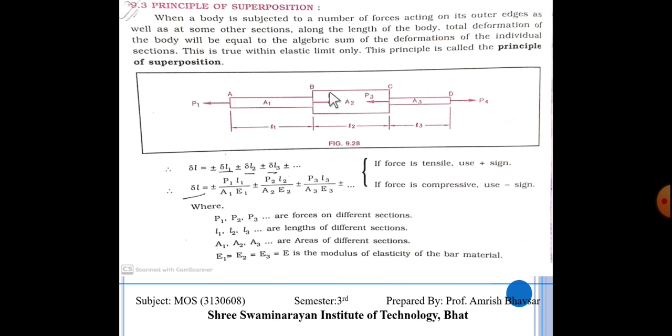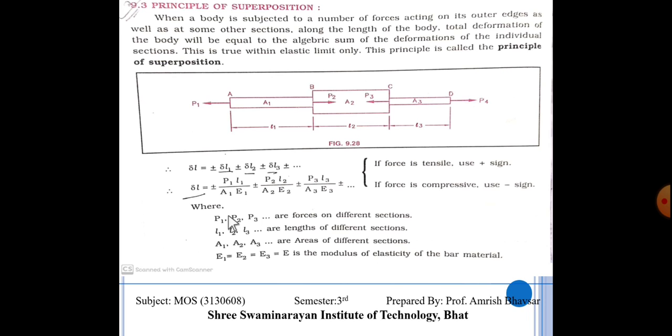So, due to this force, the first part elongates, that is delta L1. Also, the second part elongates, that is delta L2, and the third part also elongates, that is delta L3. Sometimes the first part is in tension and the second part is in compression, then delta L must be negative for the compression part.